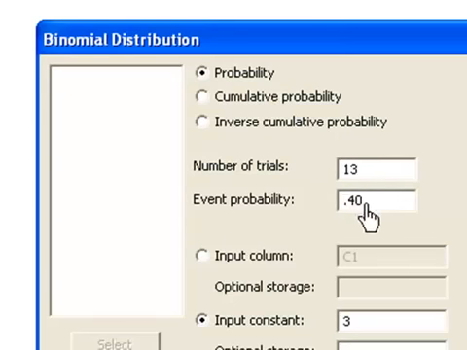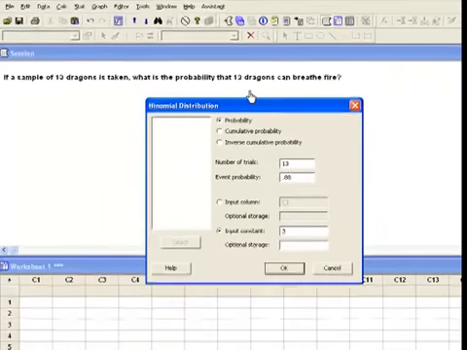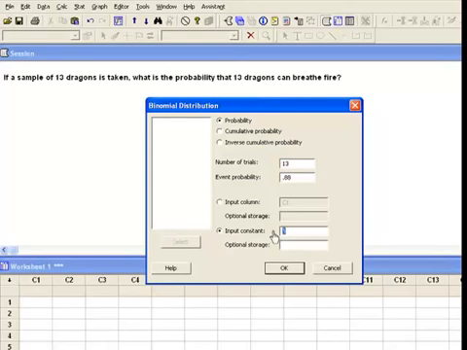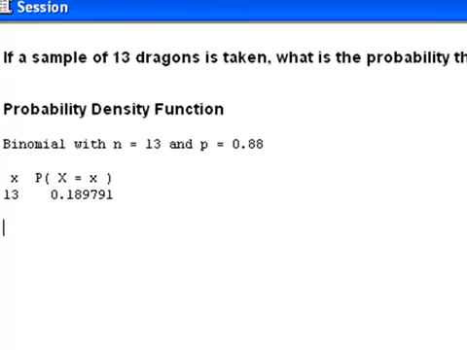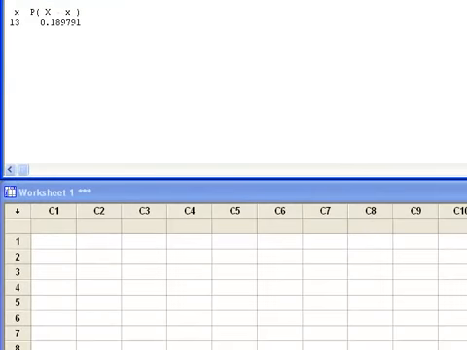The probability has gone to 0.88. What do I want to solve for? Probability that all 13 can breathe fire. So I'm going to enter that and hit OK. And it's going to tell me that the probability that exactly 13 of them can breathe fire is 0.1897 and change. So approximately almost 19% of our 13 dragons can breathe fire.